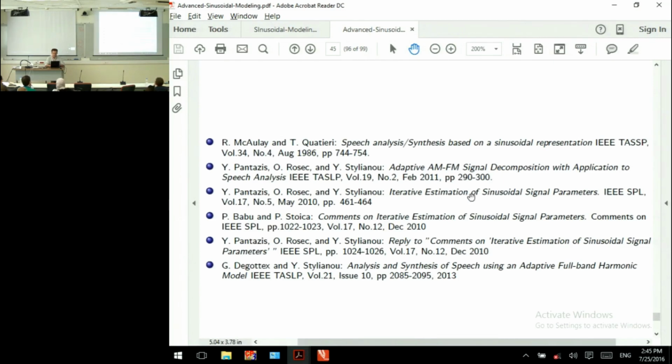Then we wrote a signal processing letter where we described the estimation of this, the power of B, projecting B into A, etc. And Stoika was one of the reviewers of this letter, so he wrote some comments.